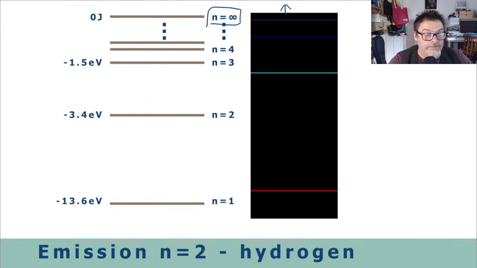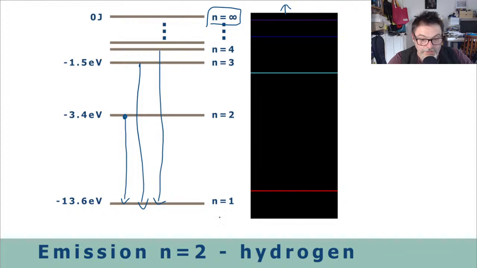Now it turns out that we can have several what they call series, and this is right on the edge of the syllabus. Just imagine this: we have an electron dropping from 2 to 1, or from 3 to 1, or from 4 to 1, or any combination as long as it ends on 1. That will make one big set of lines for us, and I believe that's known as the Lyman series.